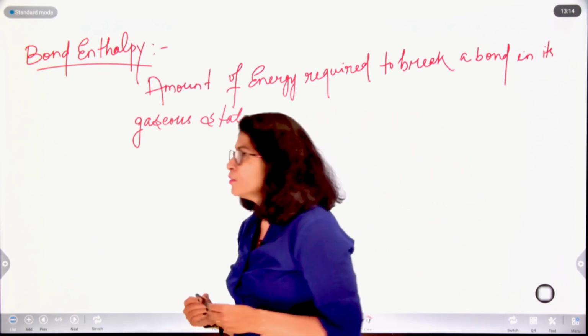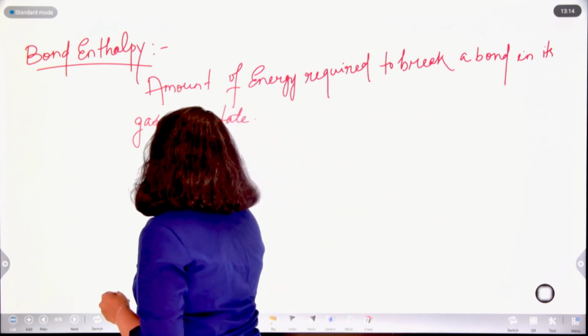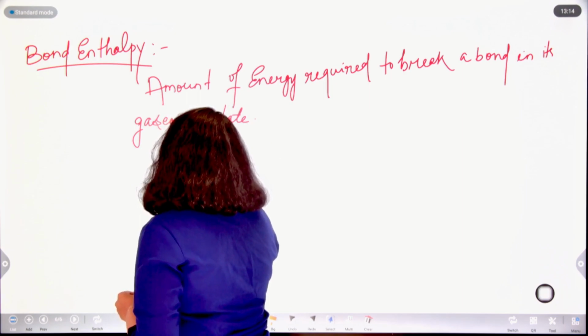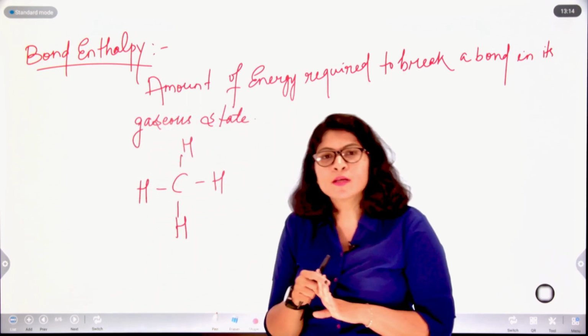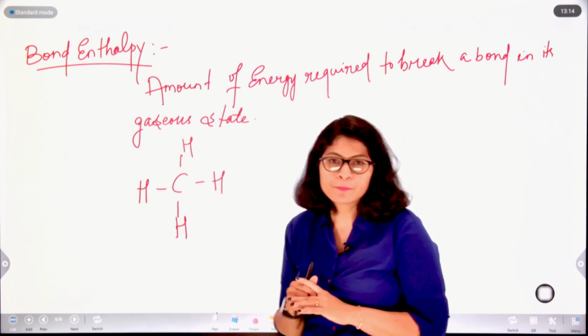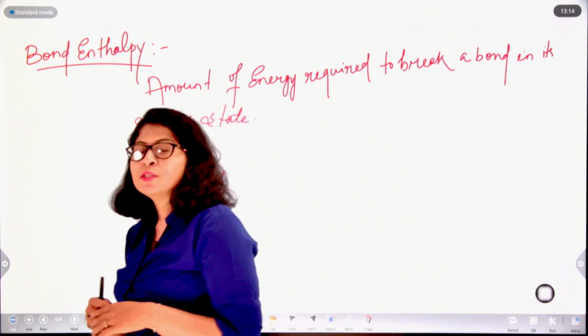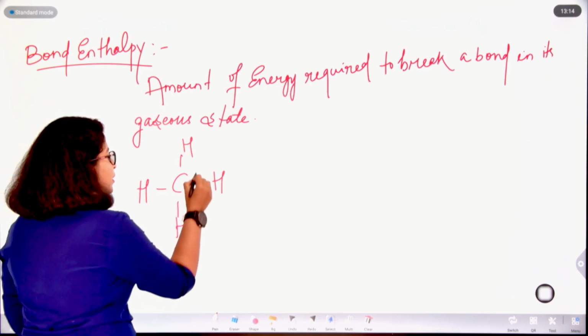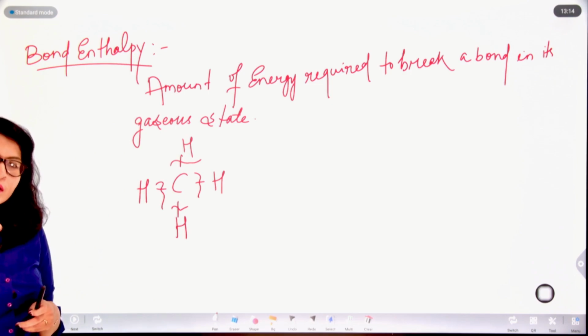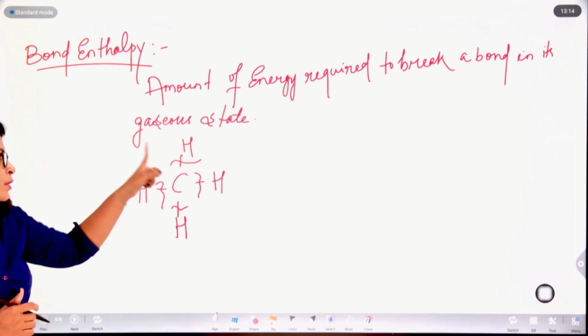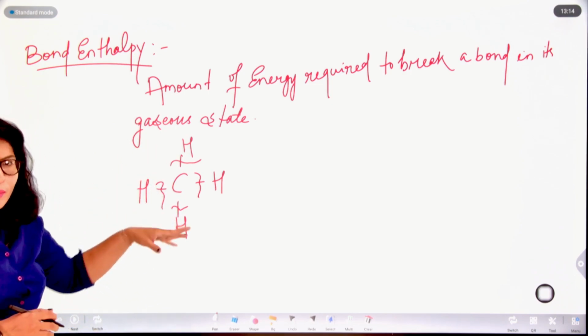Now understand a situation. Suppose I am saying methane. So here carbon forms 4 similar kinds of bonds with hydrogen, right? So an equal amount of energy must be required to break these 4 bonds, right? So we must be requiring a particular amount of energy to break all these 4 bonds, because all the bonds are equivalent.